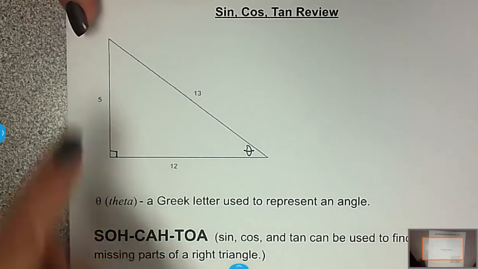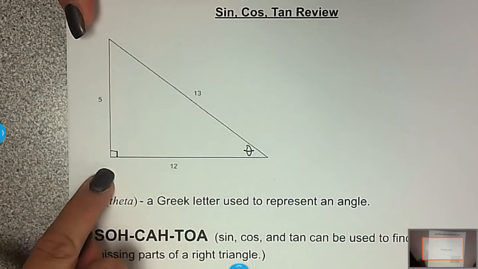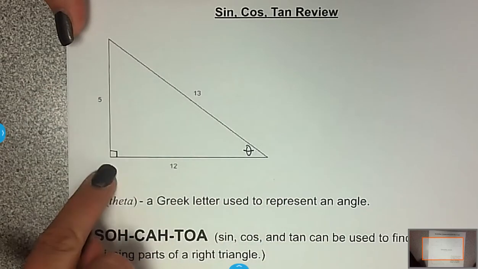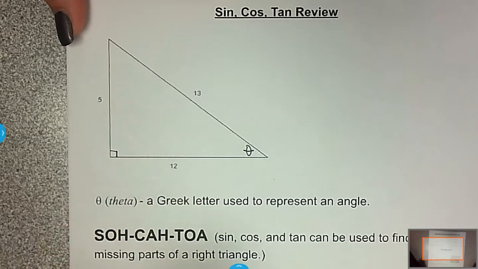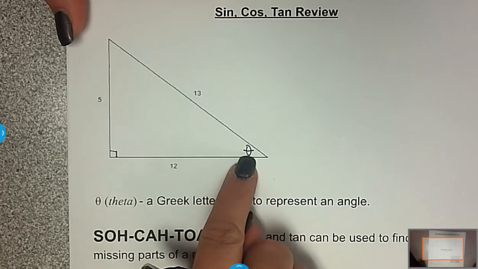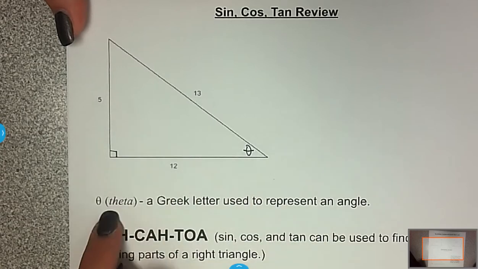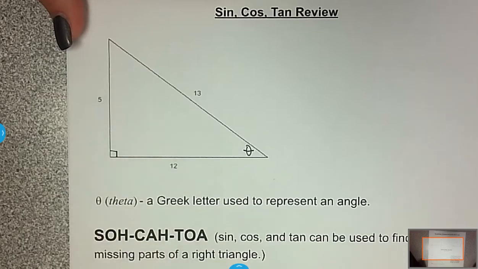In geometry, you always had letters, an A, a B, and a C on the vertices. And sometimes in Algebra 2, you'll still have those as well. But instead of talking about the sine of angle A, we're going to talk about the sine of theta. Okay? This symbol right here is a theta symbol. Theta is a Greek letter used to represent an angle.